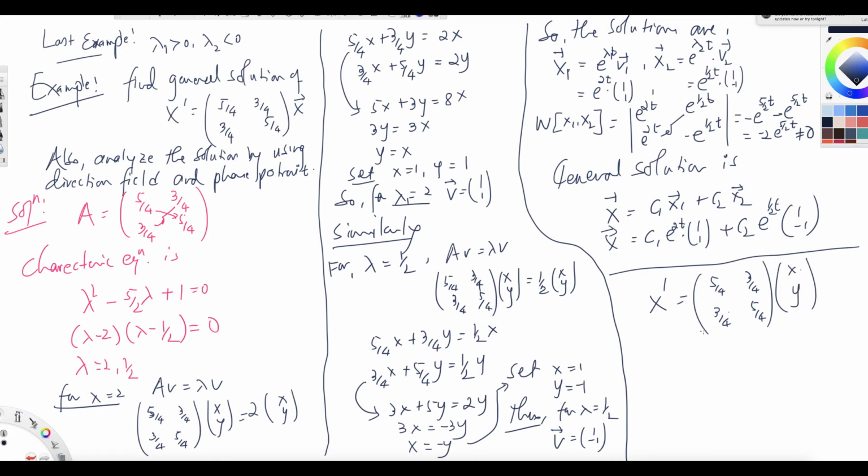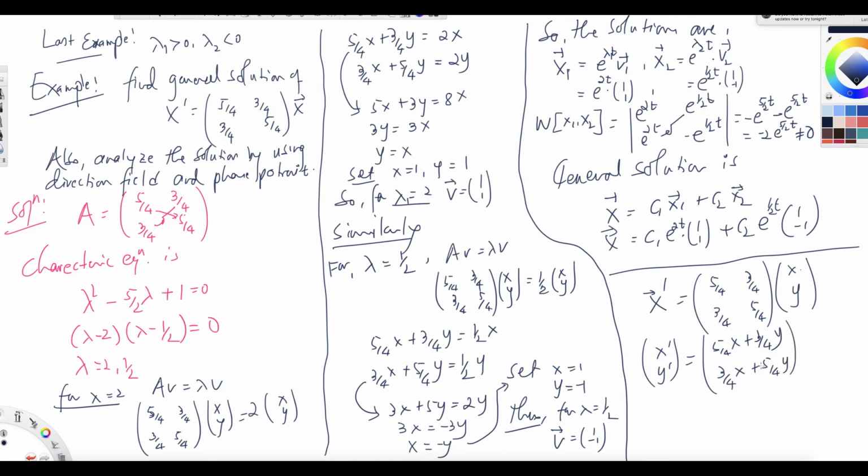If you simplify this, x prime is a vector, you can write it as x1, x2 or x, y, no problem, so x prime and y prime. This gives x prime equals 5/4 x plus 3/4 y, and y prime equals 3/4 x plus 5/4 y.